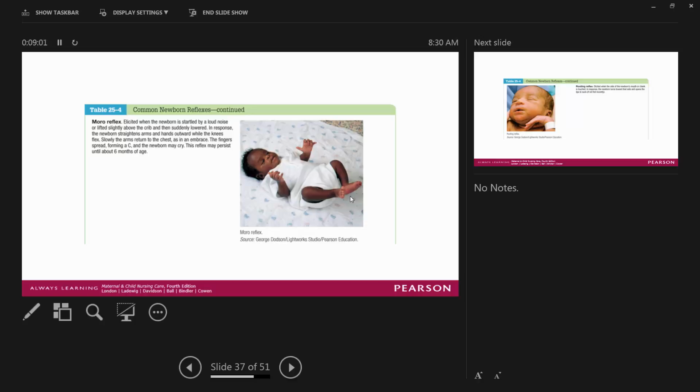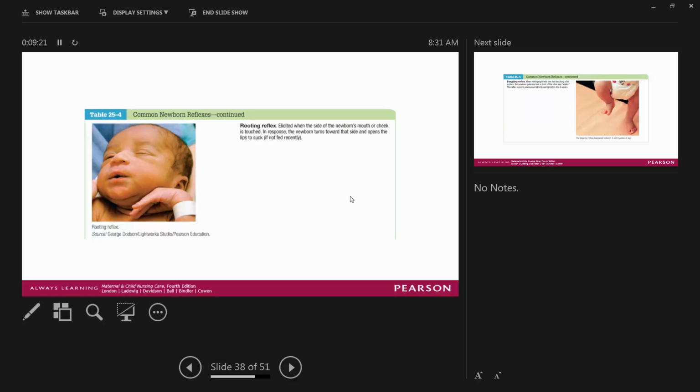Okay? Or if you take the blankets off the baby and now the baby's got space, they're like, oh my God, what's going on? You'll see this startle reflex, which is a Moro reflex. Okay? You don't have to go up and say boo. You can just lay the baby down on the table.